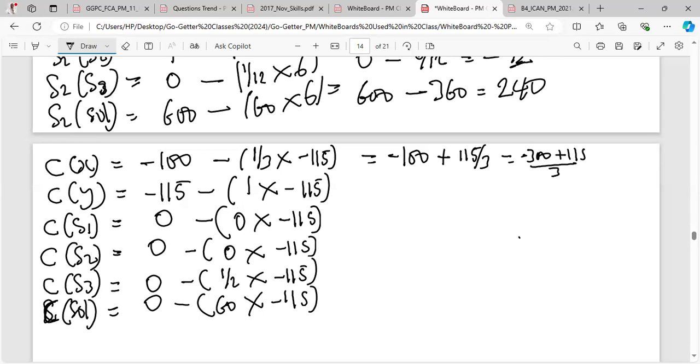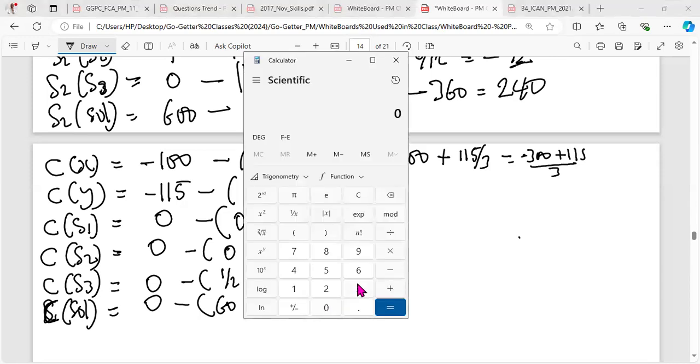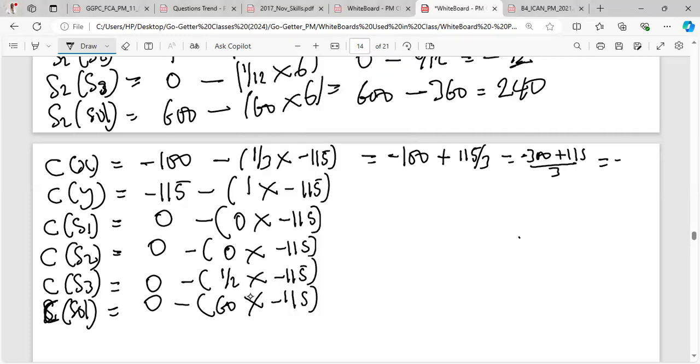So let's do it now. 300, put the minus before it, plus 115, that gives me 185. So it's going to give me minus 185 over 3. Let's leave it that way, because 185 cannot be divisible by 3.